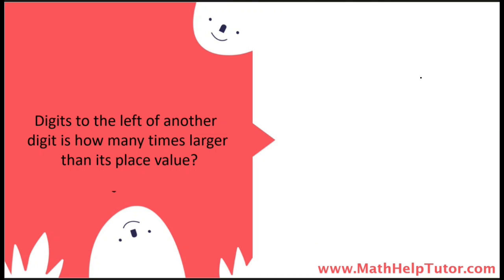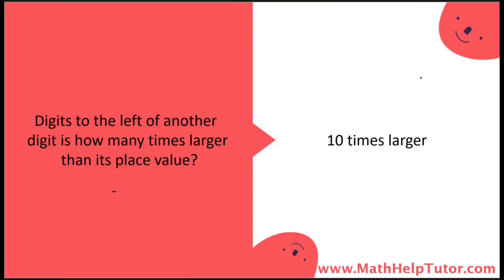Digits to the left of another digit are how many times larger than its place value? The answer is 10. 10 times larger. A digit to the left of another digit is 10 times larger than that digit's place value.